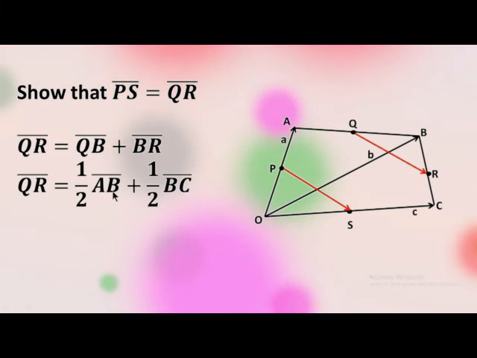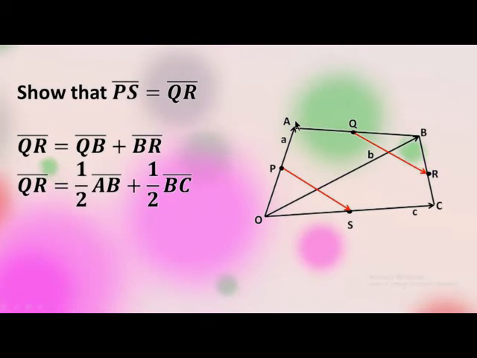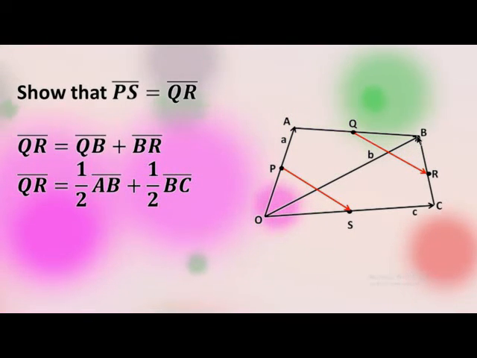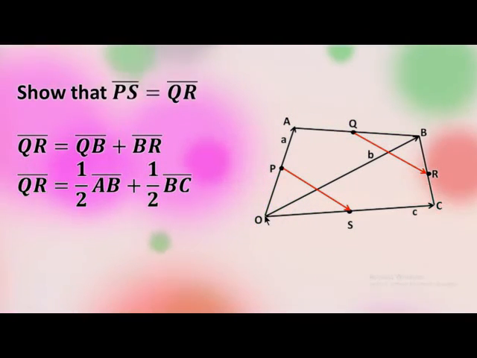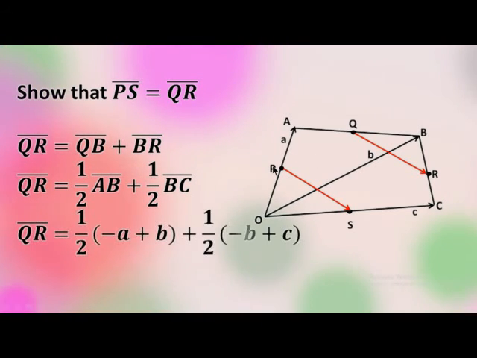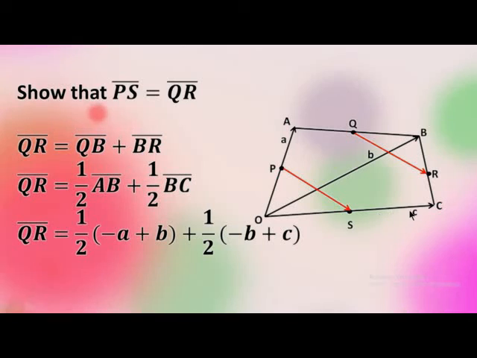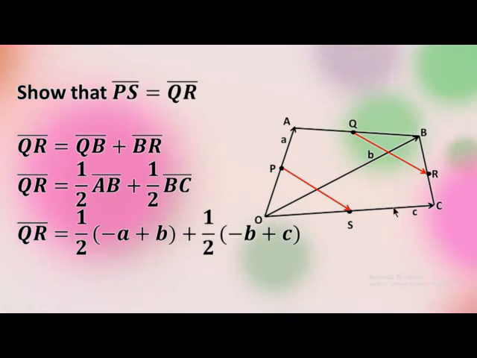Vector AB is a vector resultant of negative A plus B, and BC is a vector resultant of negative B plus C. You substitute that here.